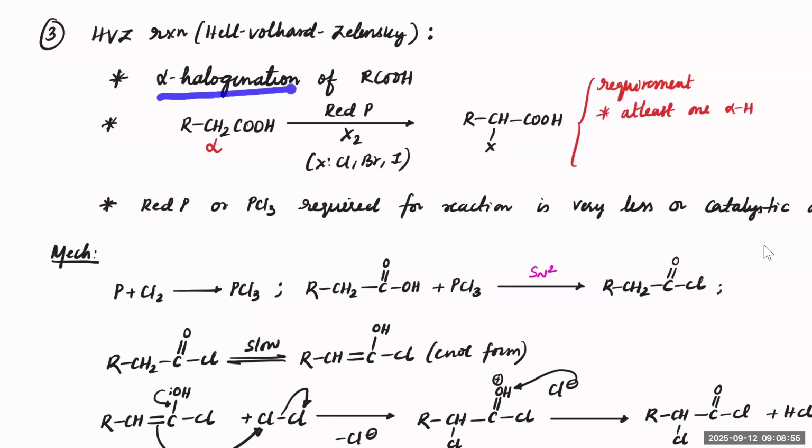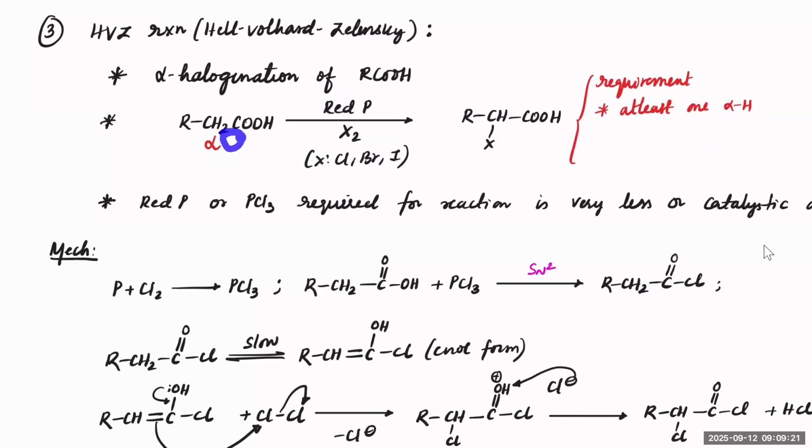Notice this. If you have an alpha halogenation happening on a carboxylic acid, it is called the HVZ reaction. The requirement here is that the alpha carbon should have at least one alpha hydrogen, and it should be an sp3 carbon. It cannot be an sp2 carbon. All you need to use is red phosphorus and a halogen, chlorine, bromine, or iodine.